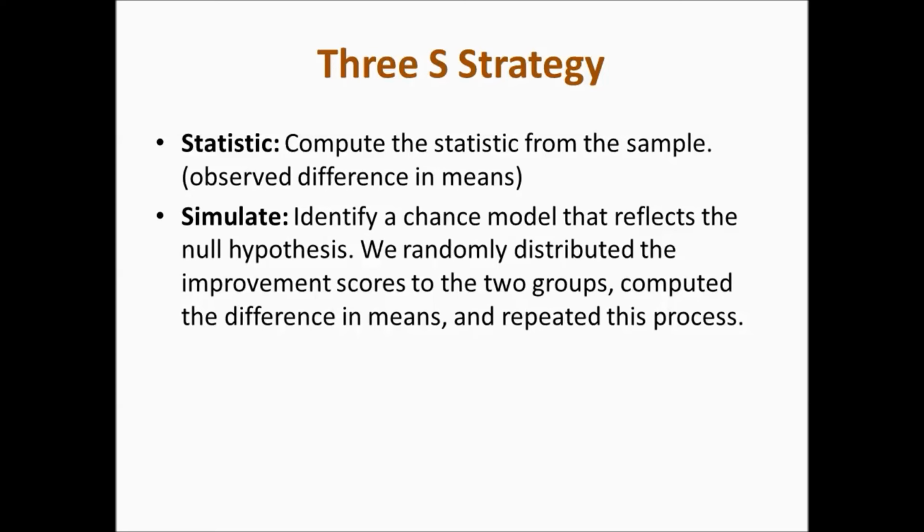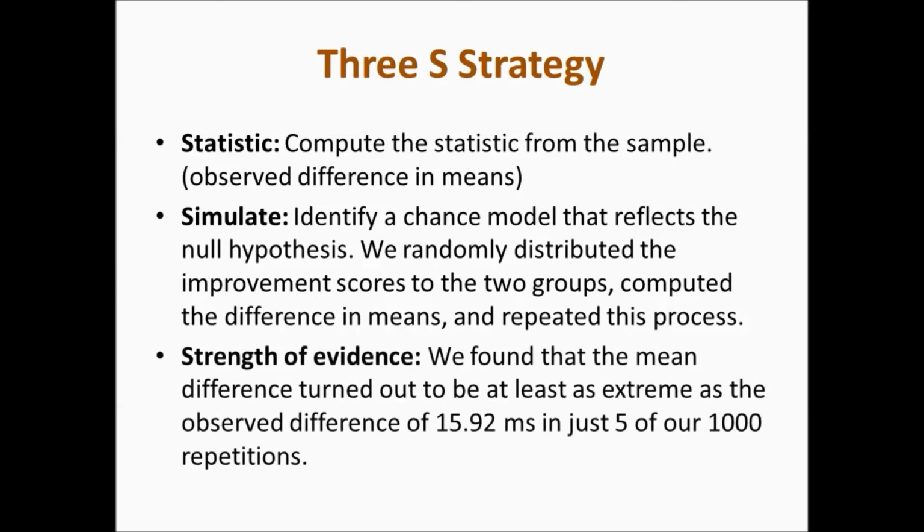Then we computed the difference in means. And finally, we repeated this process 1,000 times to develop a null distribution. Then we found that the observed mean difference of 15.92 is way out in the tail of the null distribution, and only 5 out of 1,000 repetitions were as large or larger than 15.92. Thus, our p-value was 0.005, and this gave us strong evidence against the null.